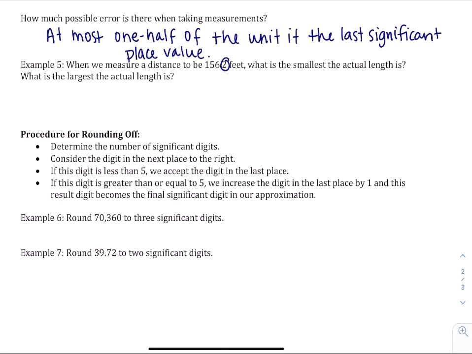The largest that could have been to round to 0.2 is 0.25. And if you think about this, I'm going to try to draw a ruler. So we know 156 is here, and 157 would be there. And then you have the little marks in between there. So we're rounding it to be this 156.2.